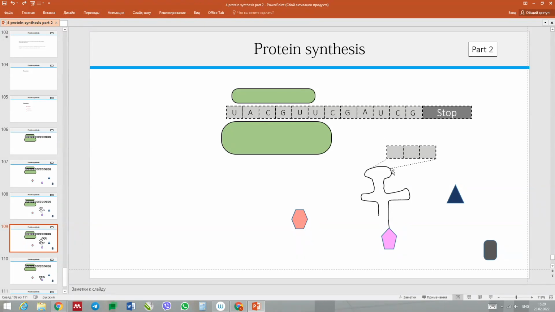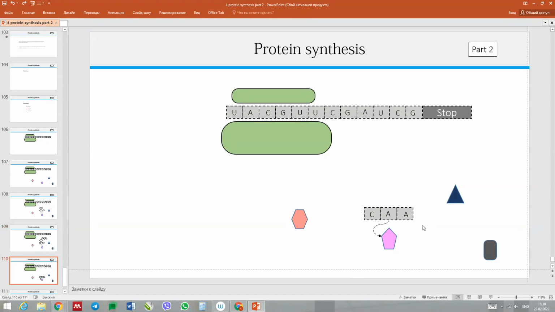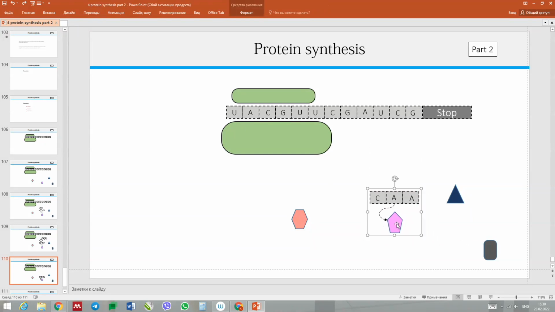And here, inside of the transport RNA, there is an anticodon that is used for synthesis of the protein. For simplicity, I will skip this long structure and will use an illustration like this. You see, this picture shows that this particular amino acid is associated with transport RNA that has an anticodon with three following nucleotides: cytosine, adenine, adenine.